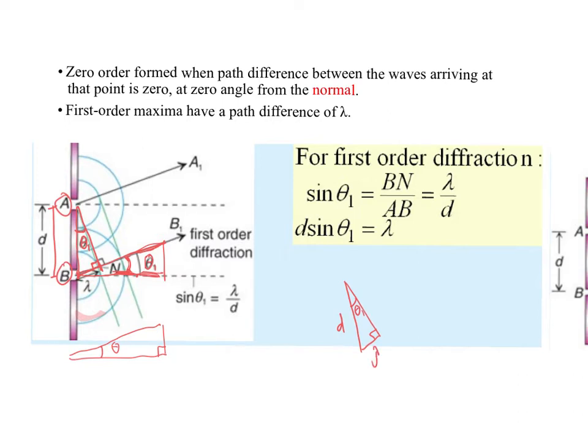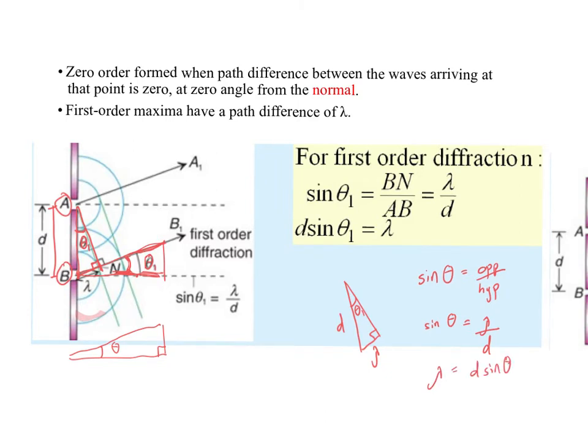So we can use trigonometry: opposite over hypotenuse, which is sine theta. So sine theta is equal to lambda, the wavelength, over the distance between the slits. That leaves us with lambda equals d sine theta.